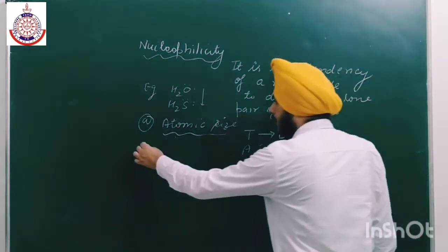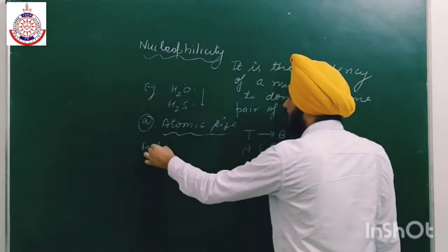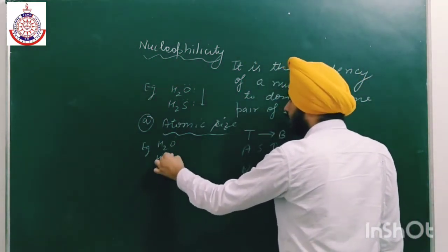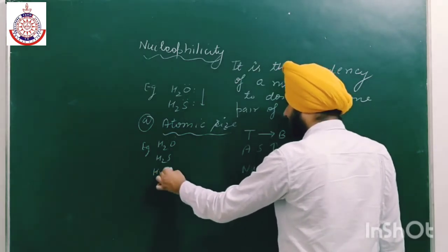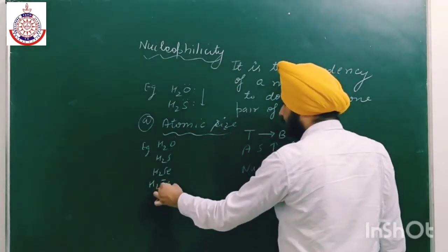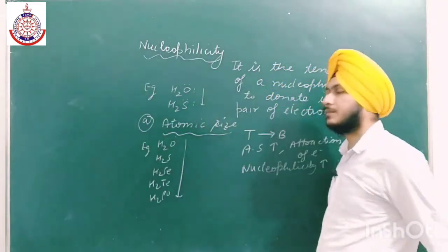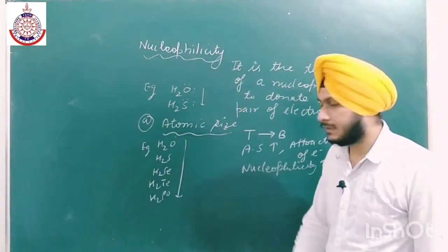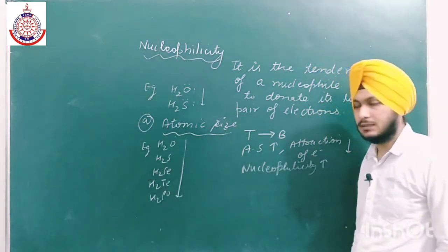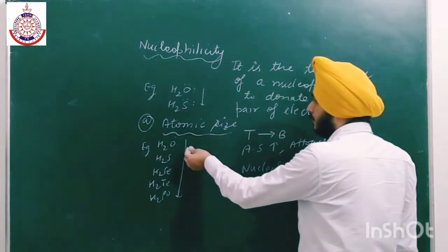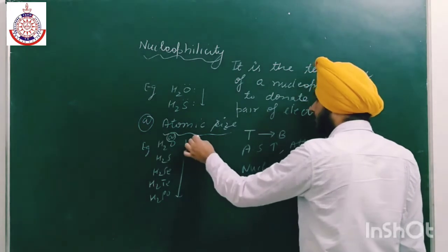So I am taking the example of H2O, H2S, H2Se, H2Te, and H2Po. I am going from top to bottom. The attraction will decrease and the nucleophilicity will increase. This is the first example.